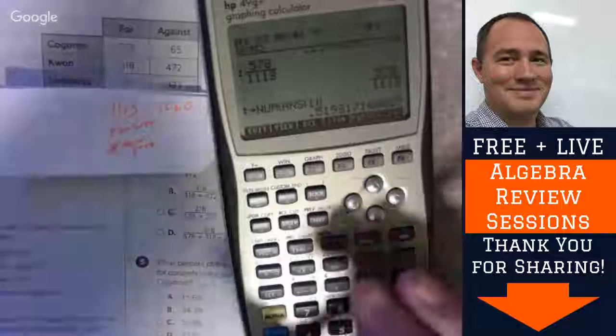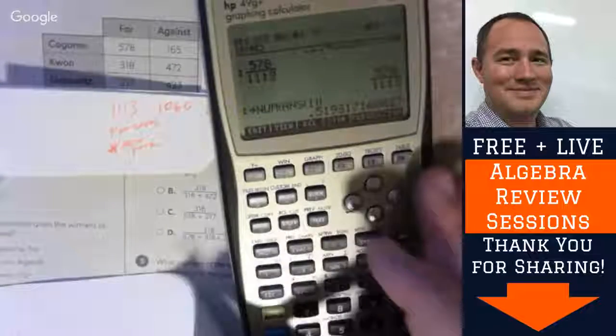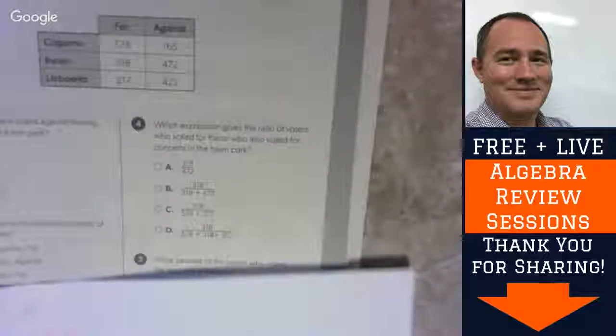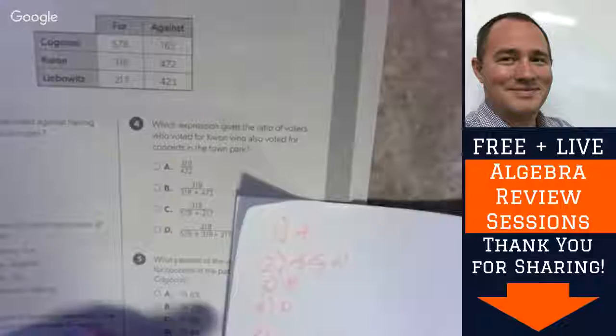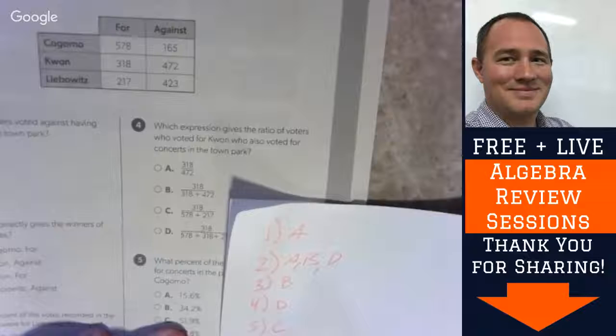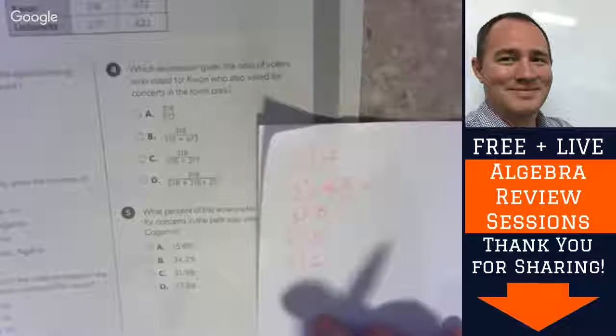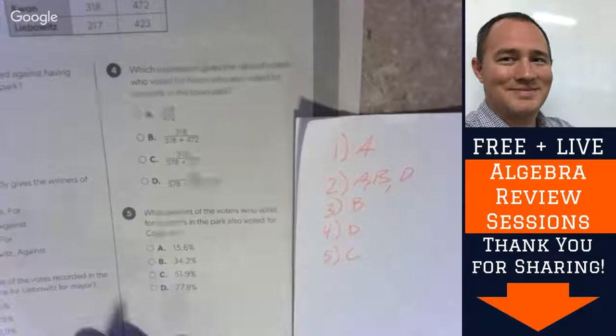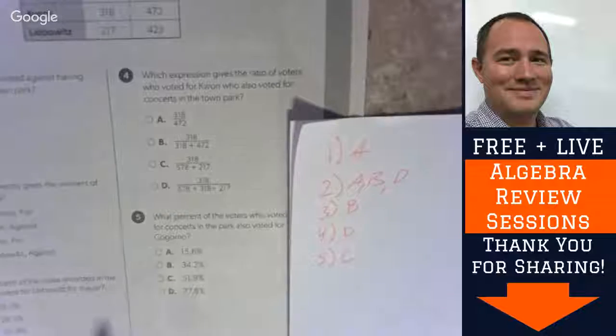Because it was a majority, 51.9%, that wanted the concerts in the park that were Cogorno supporters. So that would be C for number 5 there. And that would be our solutions, right?